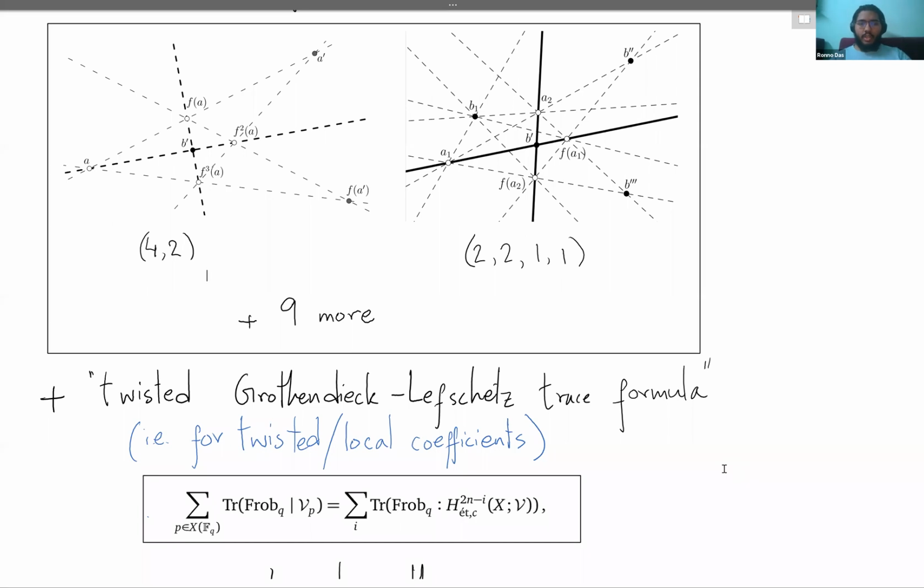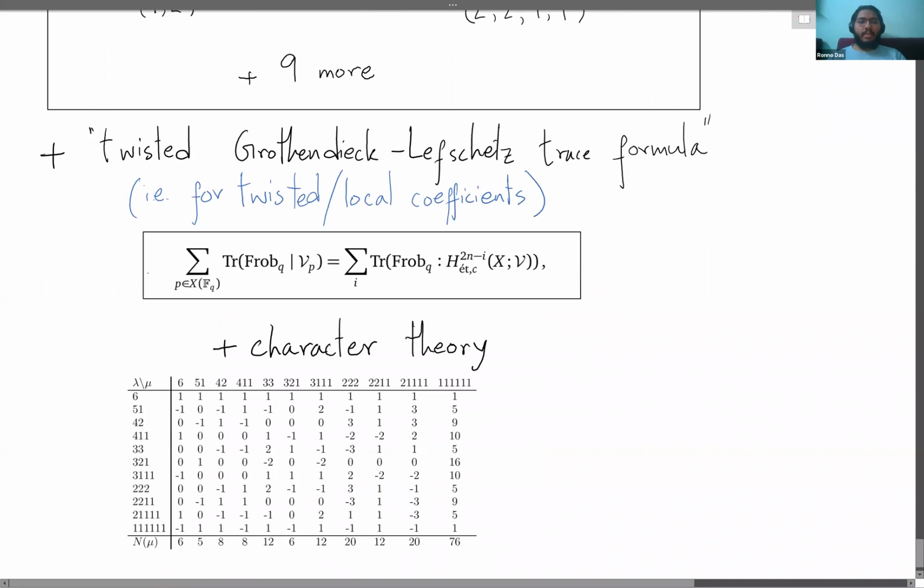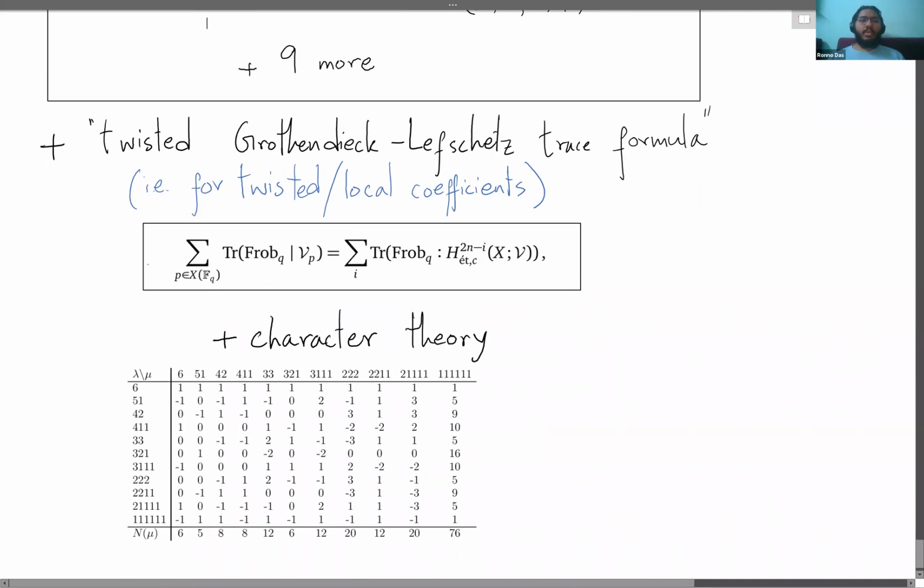And so you plug that into the formula, and then to compute the representations of S6, you use character theory. You know the character table of S6 is well known. It's in Fulton and Harris, for example. This screenshot is not from there, but from somewhere on the internet.